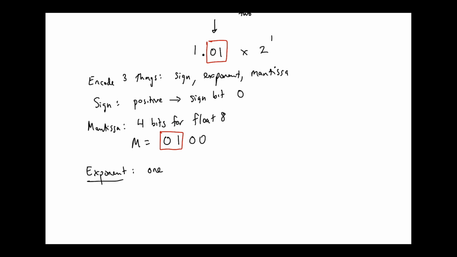Okay, so the exponent is the part of this that's going to be the trickiest, for reasons that will become more clear in a minute. What is the exponent just as a number for this particular example? It's the number 1. Great.